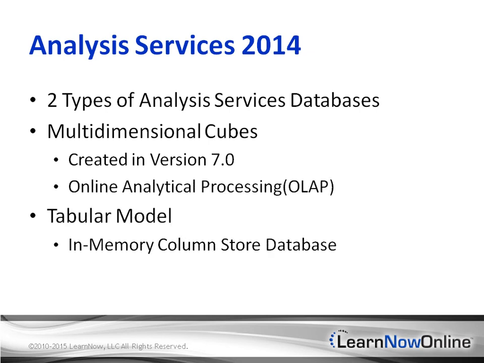The tabular model was created when in-memory applications started to catch on in the data warehouse world. This in-memory analysis of data came from the VertiPaq engine released with Power Pivot in Excel. Microsoft created an enterprise server-level version of this in-memory column store database in release 2012 of SQL Server.